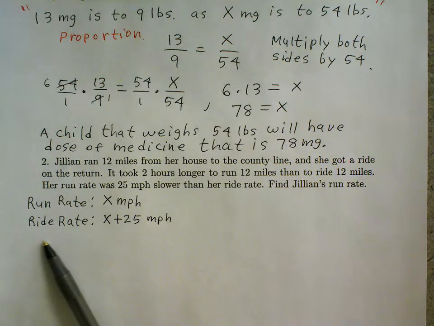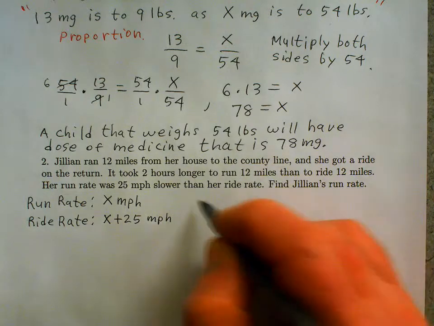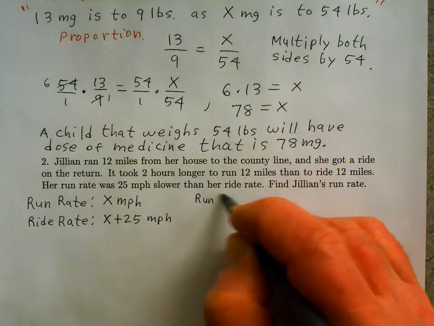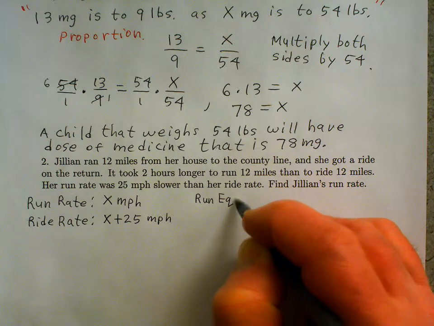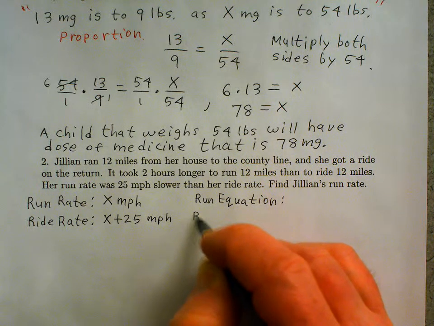The other equation, rate times time equals distance, will represent the return ride of a distance of 12 miles. Okay, so I'll write run equation and ride equation.